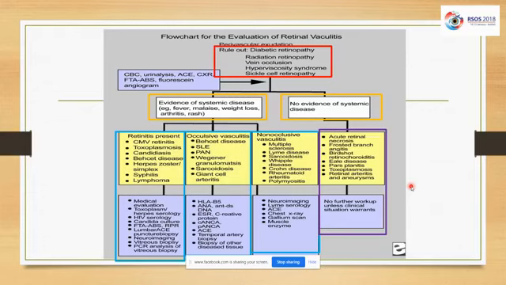So, the retinal vasculitis with no evidence of systemic disease. And in this case, no further workup is required. So possibly you will get one of those workups positive for diagnosis of the pathology in this category of the inflammation.